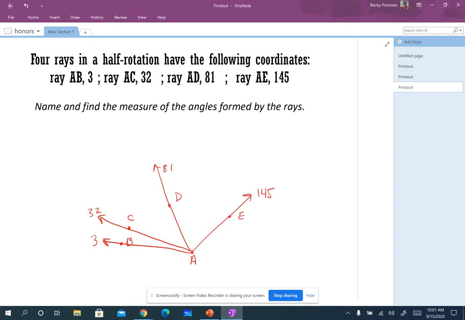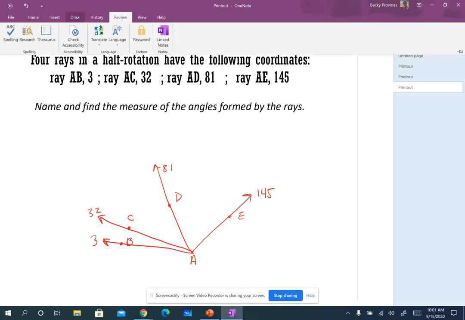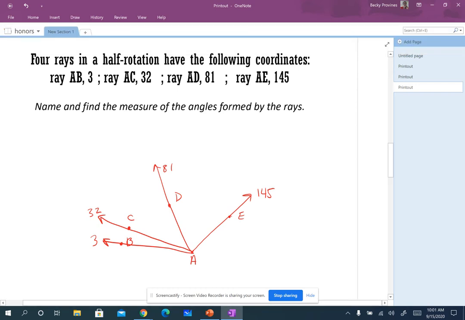Okay, so there's really lots and lots of angles here, and we could do this all day, but we're just going to pick out a few of the angles. So let's change colors. What is the name of this little angle? Well, since it's labeled, we know it's BAC. Or go backwards, CAB.